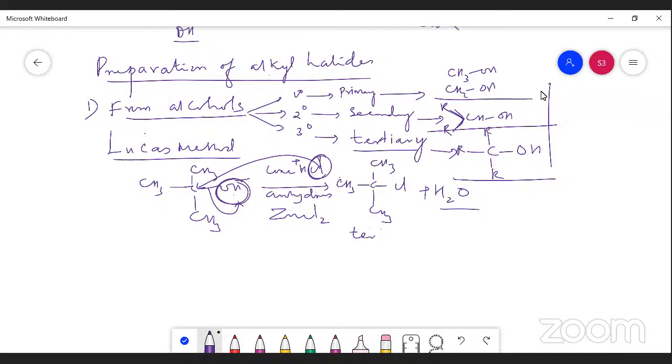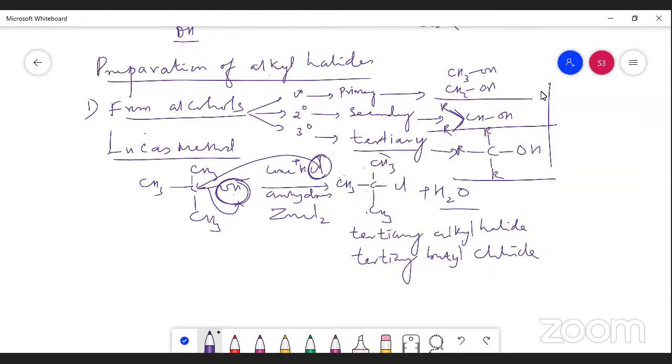What's the name for this compound, children? Tertiary alkyl halide. Four carbons are there, 1, 2, 3, 4 carbons, so it is butyl. So you write now the name of the compound is tertiary butyl chloride.